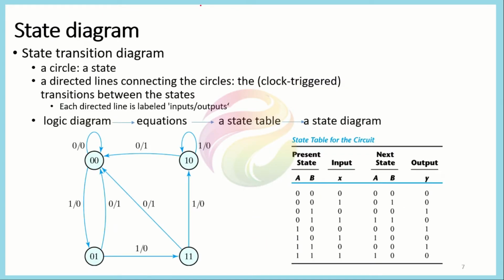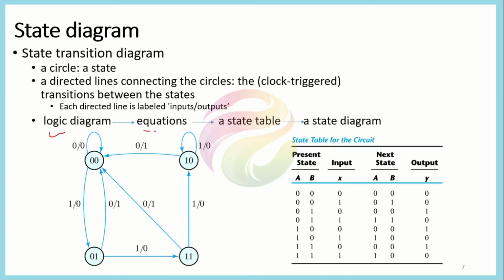Now we will be discussing the most important thing of this whole topic, that is how to construct a state diagram. To construct a state diagram, we follow a certain sequence of steps. The first step was to have a logic diagram, which was given in circuit diagram form.